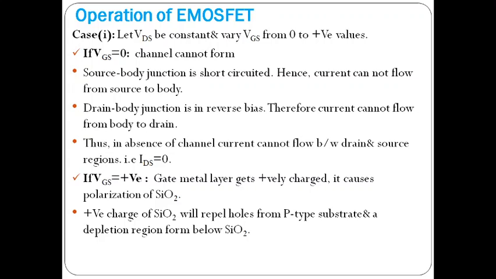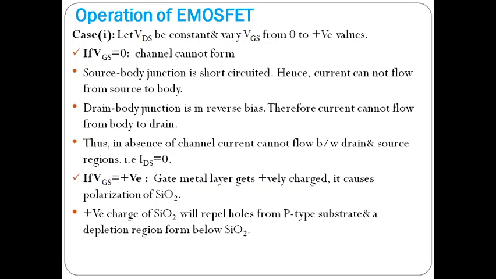That positive charge will attract the minority carriers in the p-type substrate. What could be the p-type substrate minority carriers? Those are electrons. Due to the higher positive voltage on the metal, the silicon dioxide layer is strongly polarized, and the positive charge moving downwards will attract the electrons in the p-type substrate.